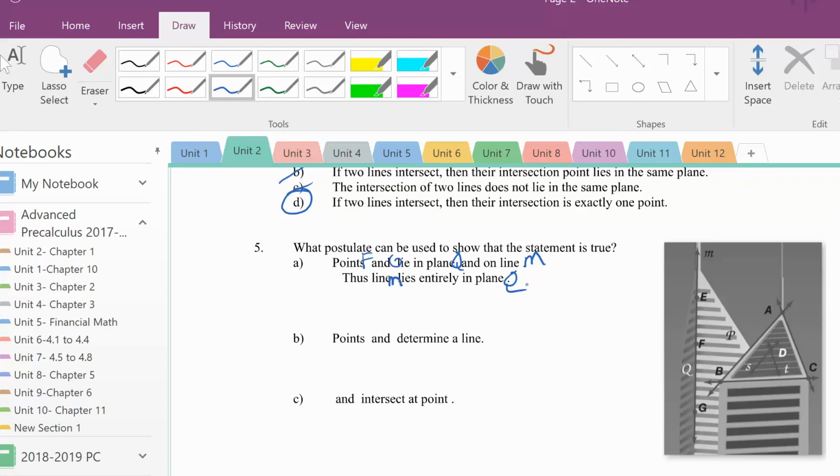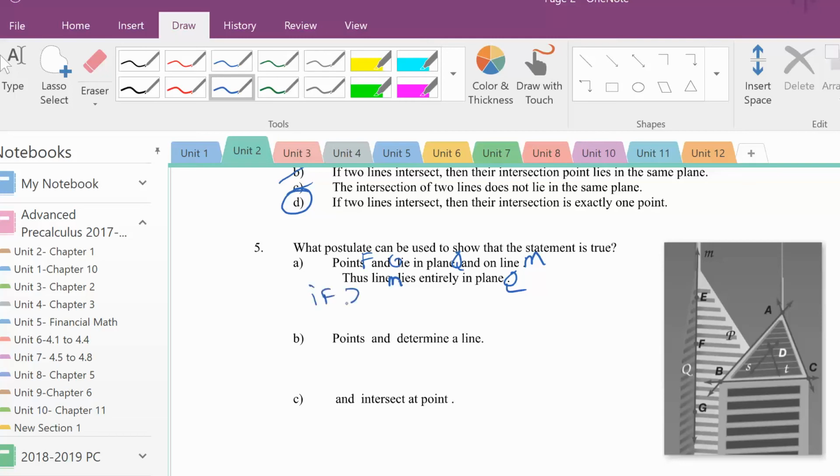We know that F and G are in plane Q and they're also on line M. Right? They're in plane Q here and they're on line M.